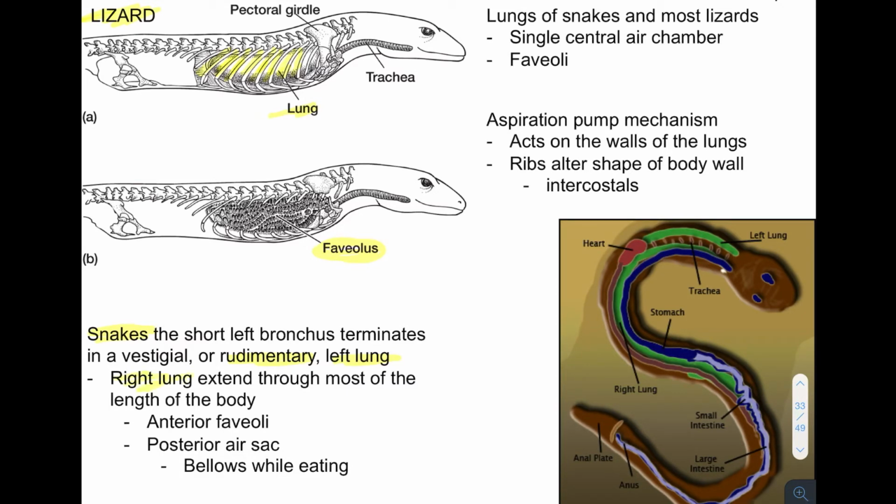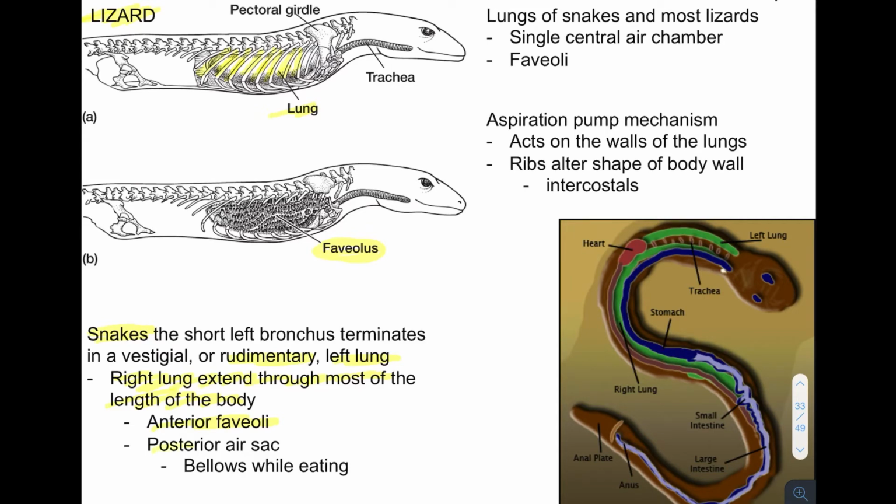The right lung extends through most of the length of the body. And the anterior faveoli of the snake are going to be the ones that are more important for respiration, where gas exchange will take place.